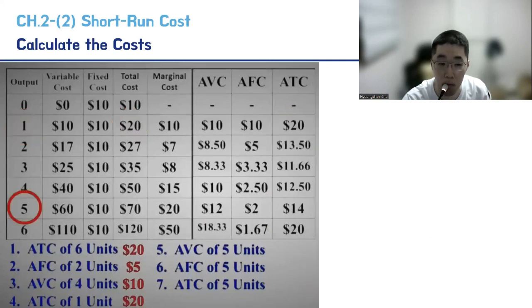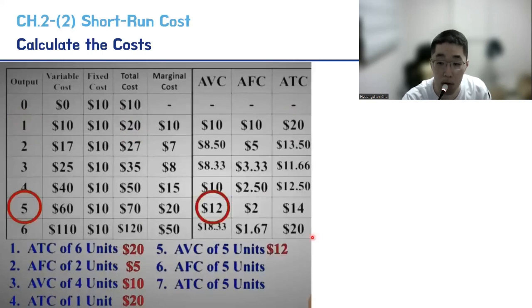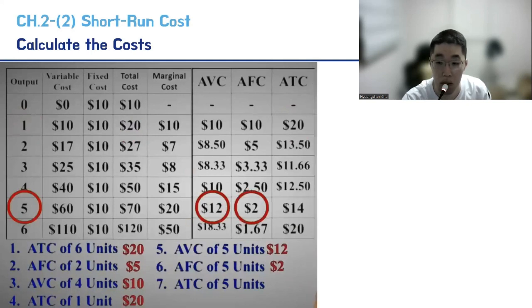For example, for 5 units, the average variable cost was $12, the average fixed cost was $2, and the average total cost was $14.